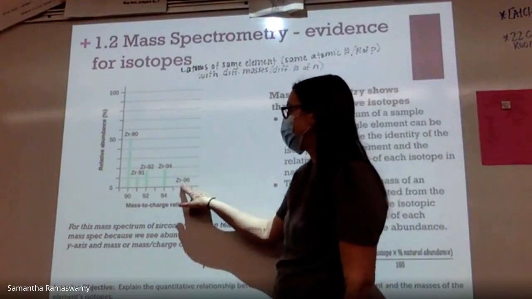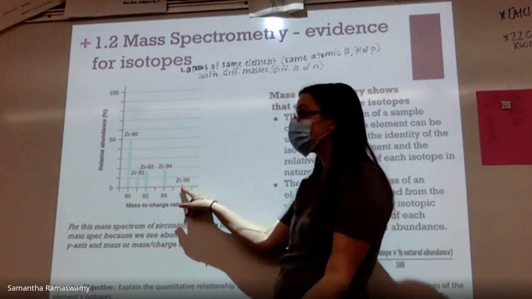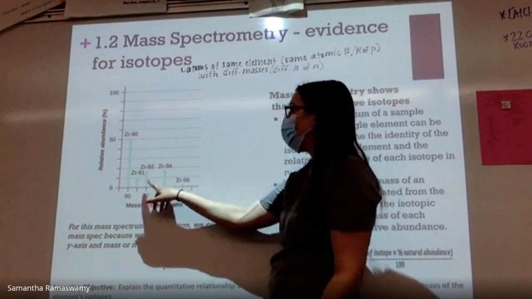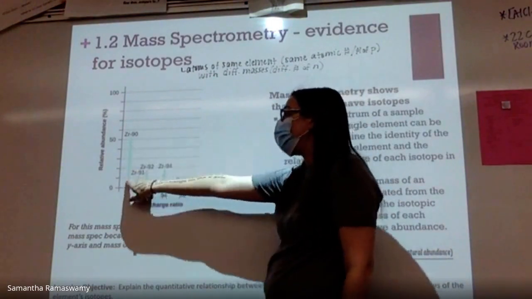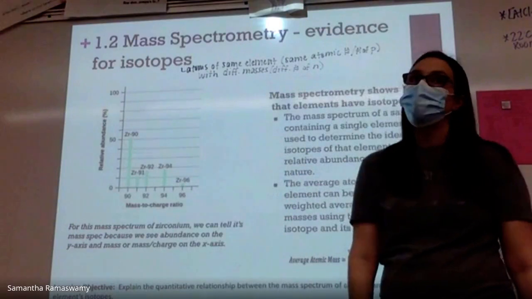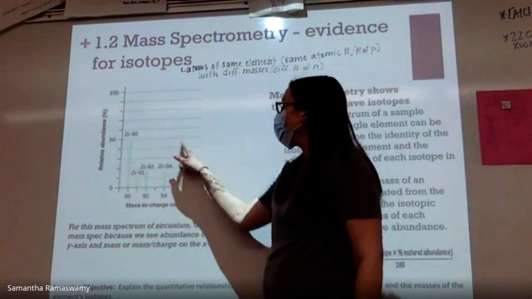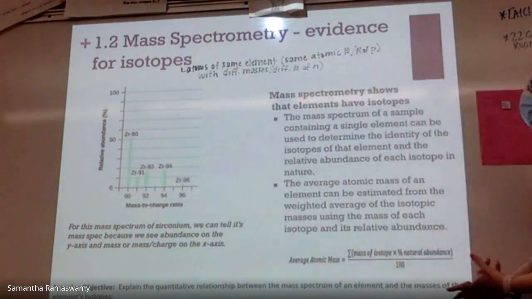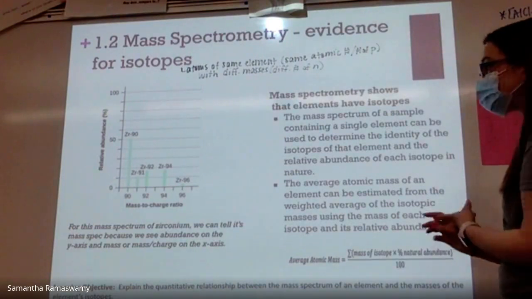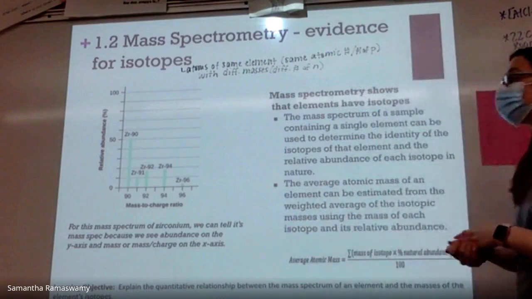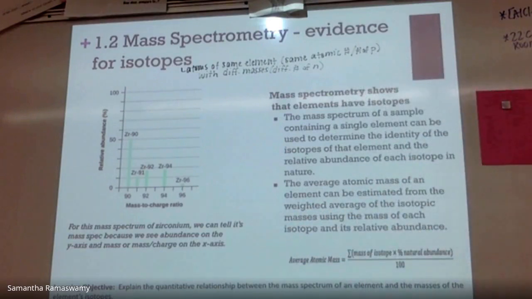Because for 96, the percent abundance is maybe 2%, where the mass of 90 makes up 50%. And so this shows us how many isotopes we have. Based on the mass, we can figure out what the element is, and we could figure out roughly what the average atomic mass is.